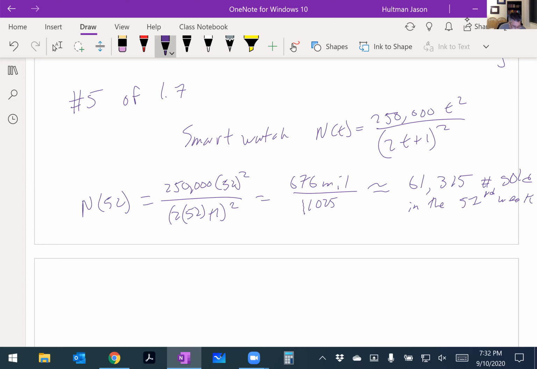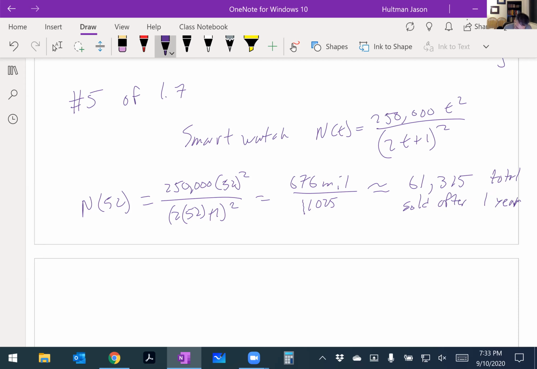It's not total watches, I don't think. Was it total watches? It represents the number of smartwatches sold after 52 weeks. Yeah, I think it is total watches. We're just going to say it's the total number of watches sold after 1 year. Okay, 61,000. It's good.